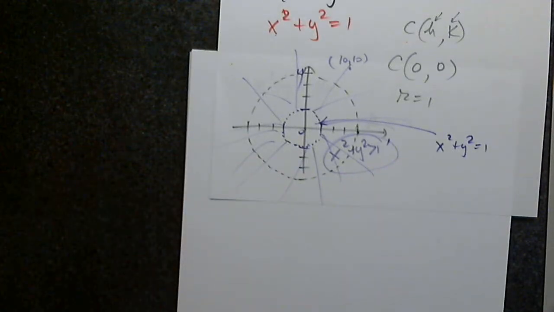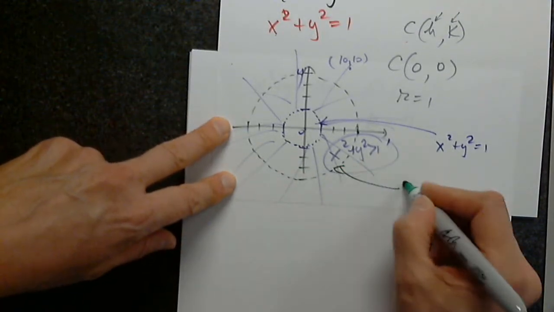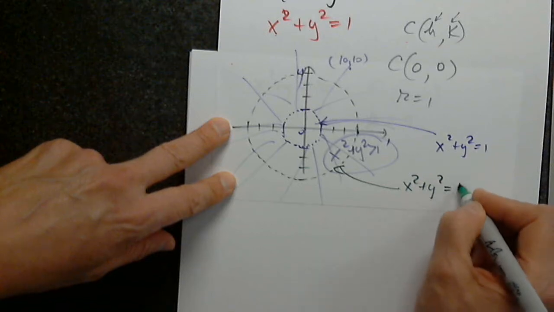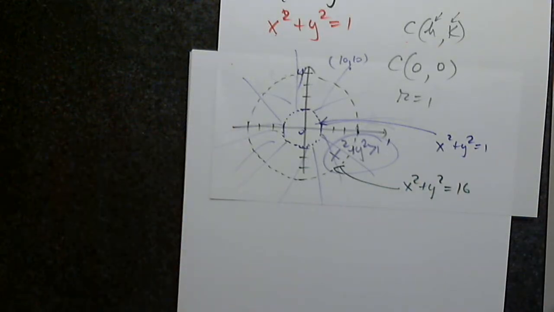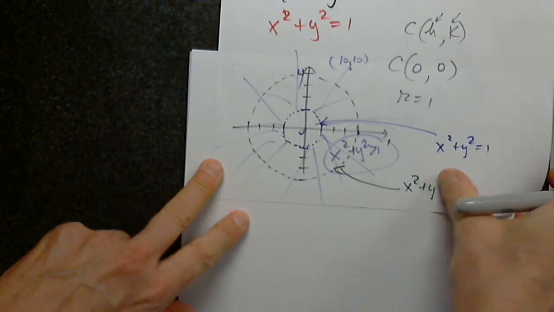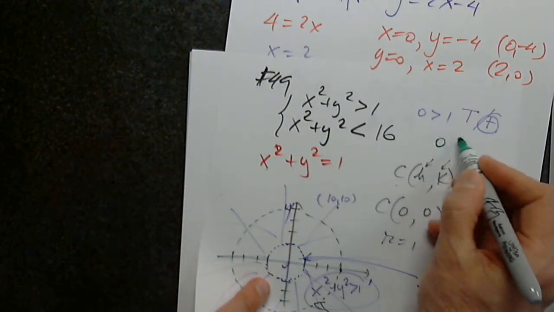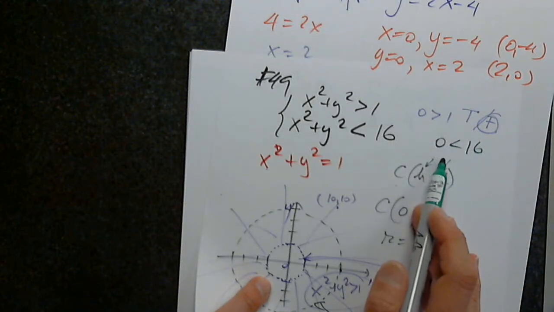The green circle is the equation x squared plus y squared equals 16. It divides the plane into 2 regions, the inner and the outer. Would you like to choose 0, 0 again or another point? Okay, so now 0 less than 16. Don't say anything just yet.